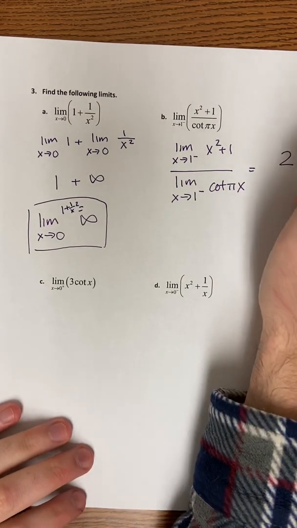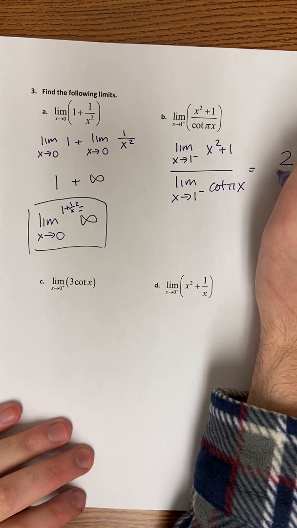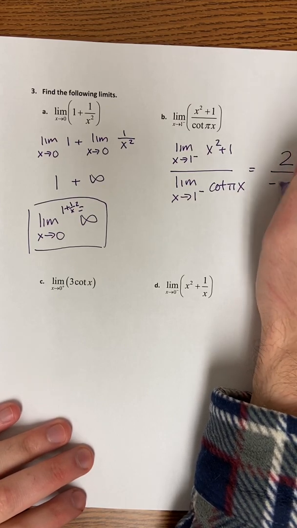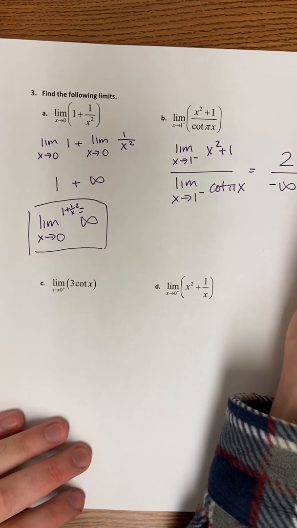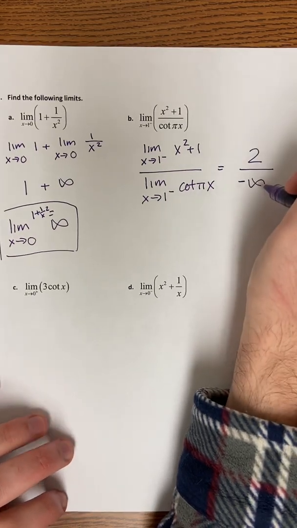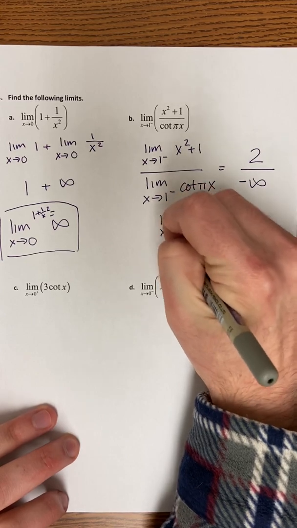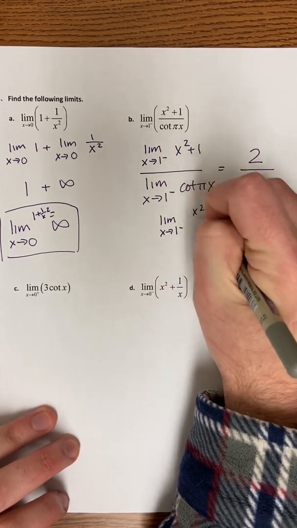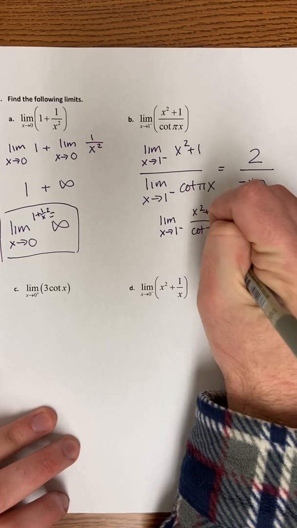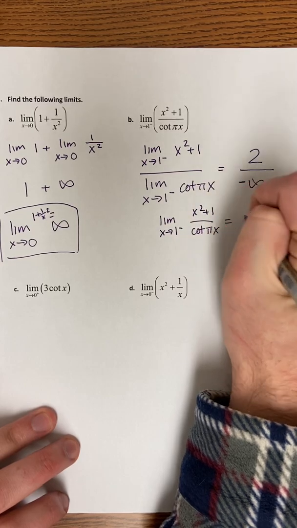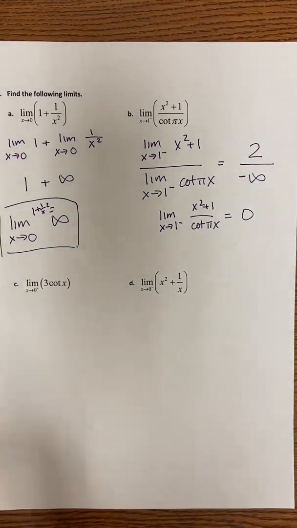So this should be approaching something like negative infinity. When you take 2 divided by a very, very, very large negative number, the whole thing should be going to 0. Because when you take a small number divided by a very big number, it doesn't matter if it's positive or negative, it will get very, very close to 0.